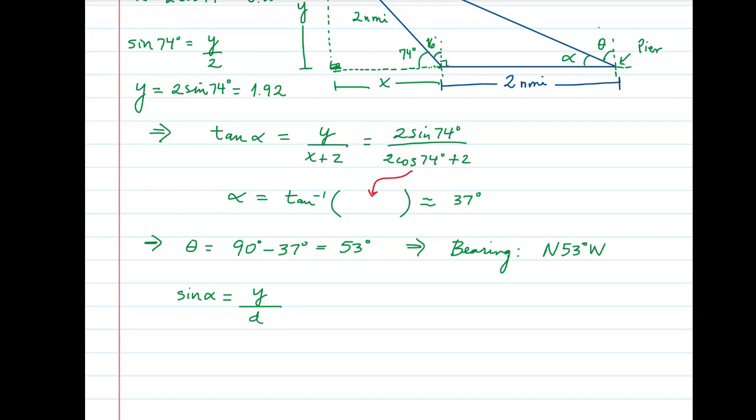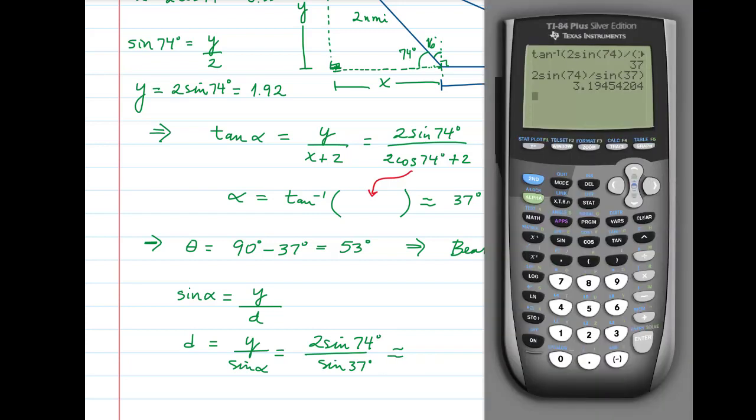We cross multiply. Now remember, we already have y and we already have alpha, and I'm going to put in the exact values so that it gives me the most accurate solution. So we have d equals y over sine of alpha, which plugging in our numbers, y was for us 2 sine of 74 degrees, over sine of 37. Putting this in the calculator, we get roughly 3.2 nautical miles.